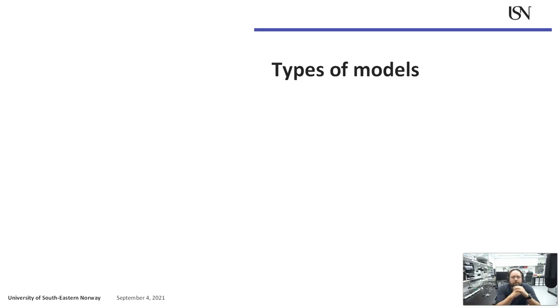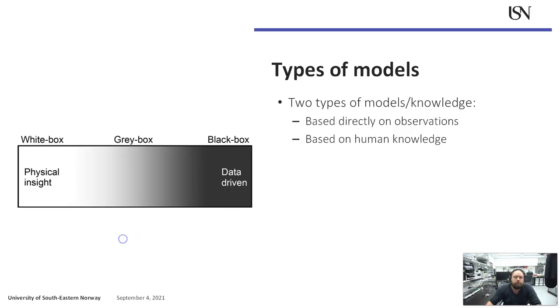So I said that machine learning is extracting knowledge, and this knowledge is encoded in the form of models. I don't mean model trains or catwalk models or any such things. I mean models of the mathematical kind, the ones that we use in engineering. And maybe some of you are familiar with models in the sense of what is typically known as white box models.